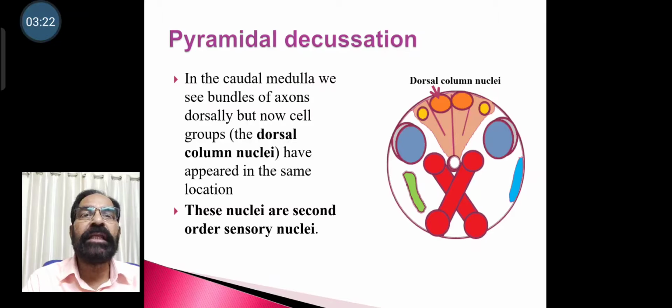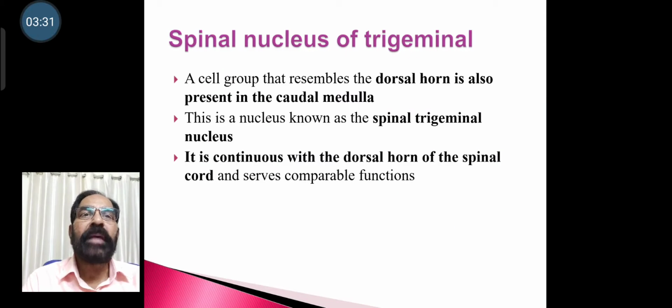These nuclei are the secondary sensory nuclei, second order sensory nuclei. Spinal nucleus of trigeminal. A cell group that resembles the dorsal horn is also present in the caudal medulla. This is the nucleus known as spinal trigeminal nucleus. It is continuous with the dorsal horn of spinal cord and serves comparable functions.